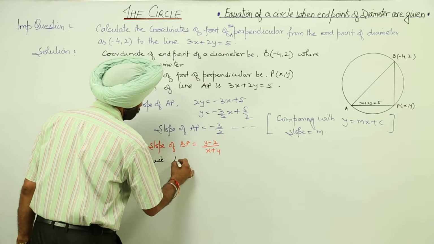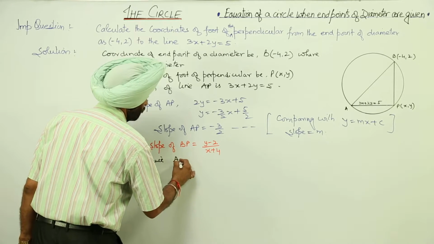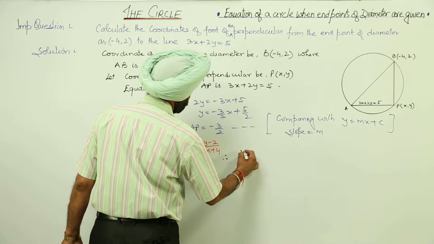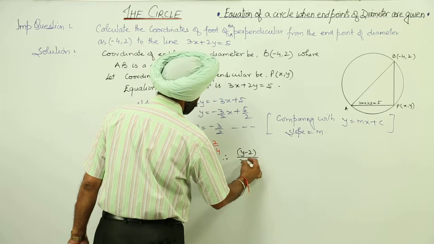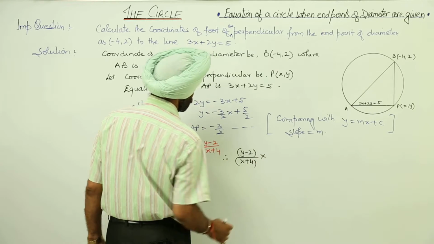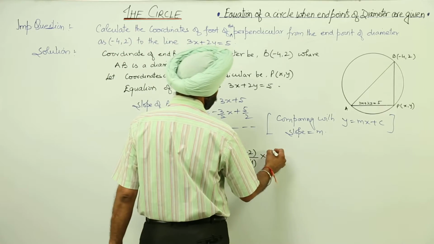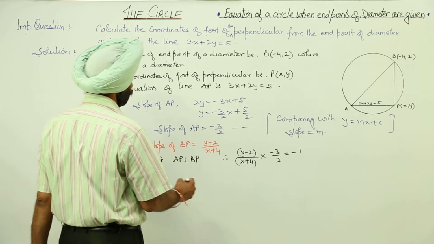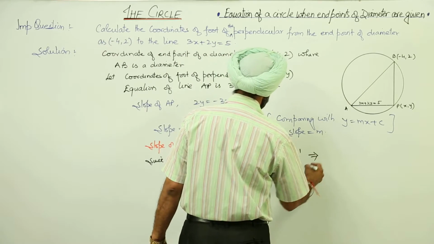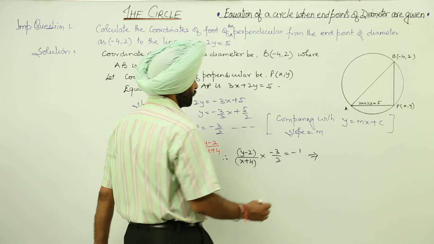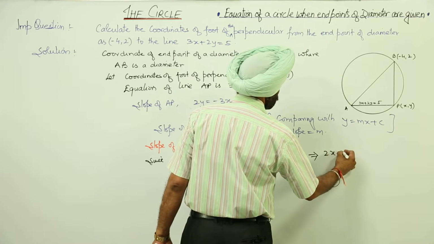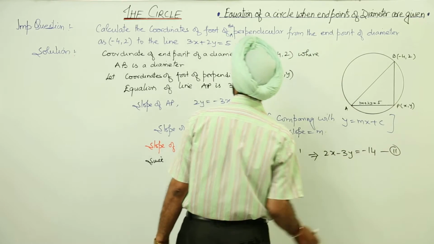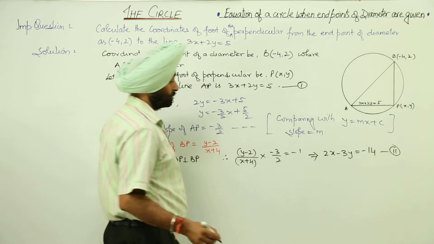Since AP is perpendicular to BP, the slope of one line times the slope of the other line, -3/2 times (y - 2)/(x + 4), is equal to -1. Now, on solving this, what are we getting? Solving this one, we are getting 2x - 3y = -14. Let this be equation 2 and this is equation 1.